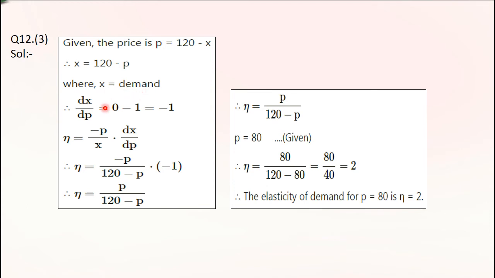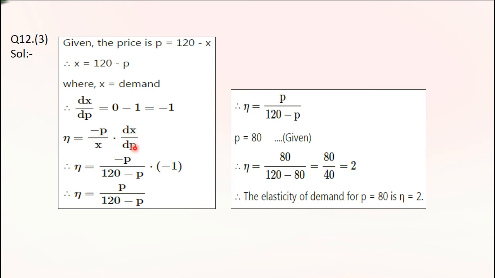Now we can find the derivative of x with respect to p, that is dx upon dp is equal to 0 minus 1, because the derivative of 120 is 0 and the derivative of p with respect to p is 1. Now 0 minus 1 is minus 1. Now we will use the formula of eta, or elasticity of demand, as minus p upon x into dx by dp.